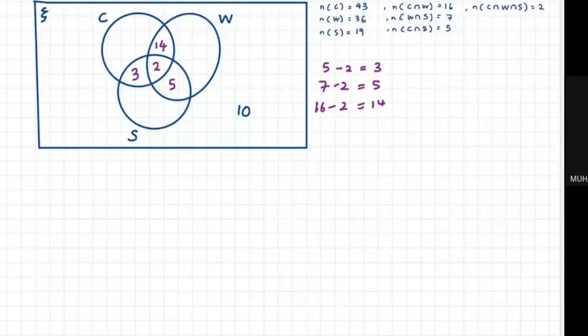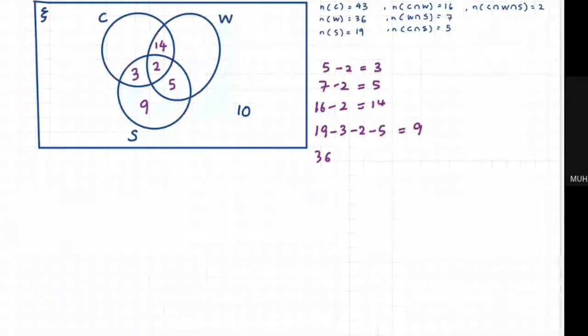Okay, now the number of elements in S. Okay, this is your S. So 19 minus 3 minus 2 minus 5, you will get 9. Similarly for W, 36 minus 14 minus 2 minus 5 is equal to 15.